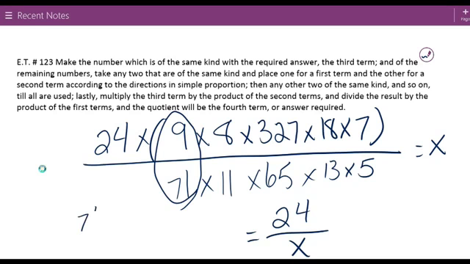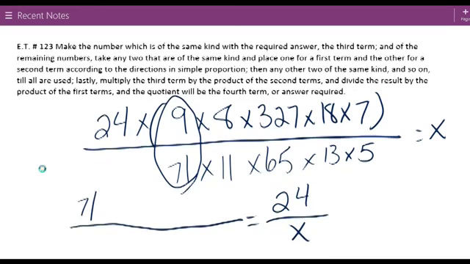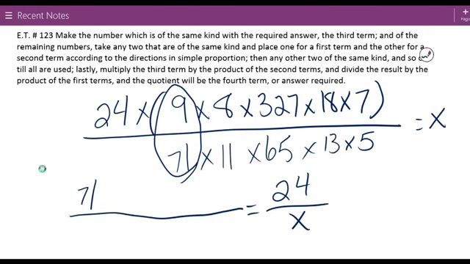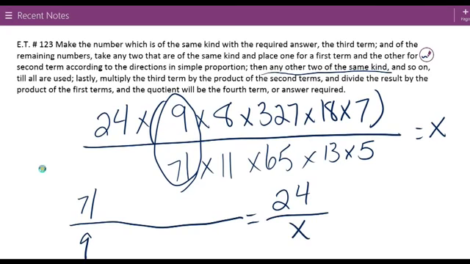Again, 71 being what would give us by itself a shorter time if those were our only two considerations. Being the number of workers, 71 laborers compared to 9 laborers would give us a shorter amount of time. And then any other two of the same kind, and so on till they are all used.